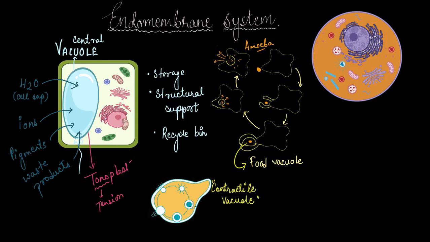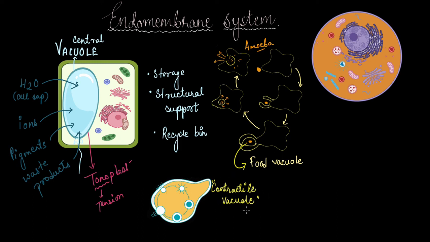It swells up and gradually moves towards the cell membrane. And just like how excess food was excreted in the food vacuole, it squeezes out the excess water from the cell. And then again contracts back to its original small size. And that is why we call it the contractile vacuole.